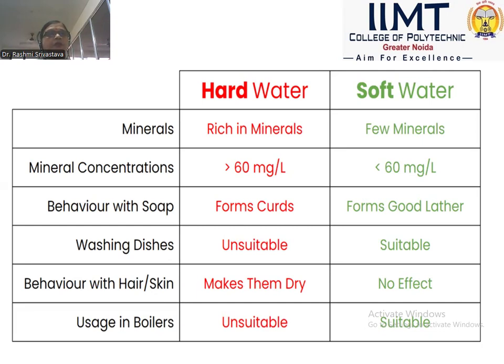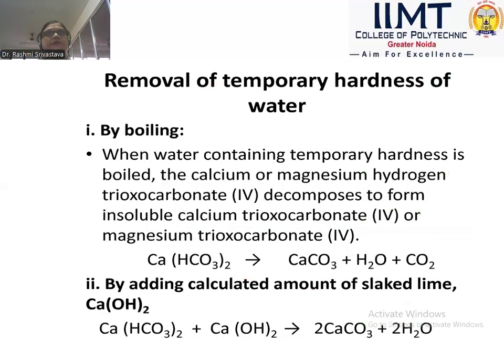In the use of boilers, hard water is completely unsuitable because it spoils the metallic layer of the boilers. Soft water is completely suitable for boilers and geysers.